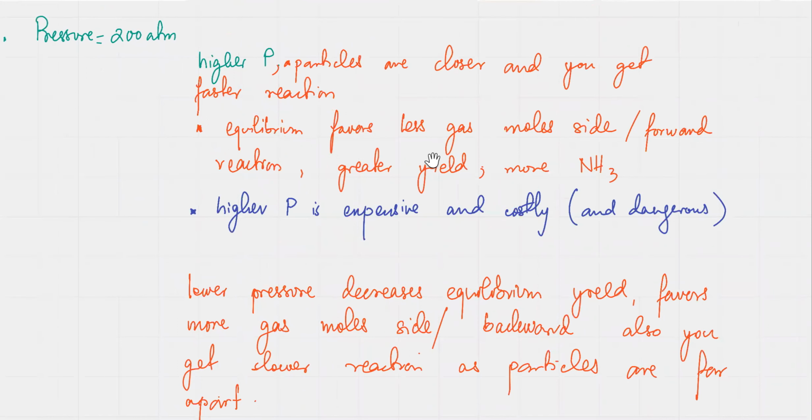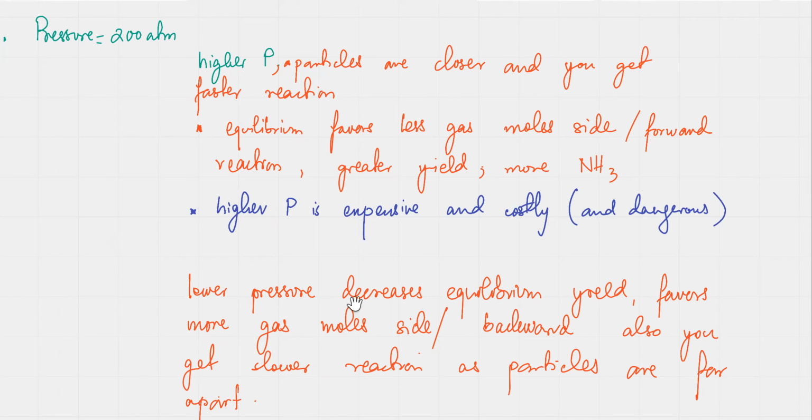The only problem with using a higher pressure is that it's expensive and costly because maintaining a very high pressure is really, really difficult. Vice versa, what's wrong with lower pressure? The yield decreases. The more gas side, the backward reaction, is favored, and you get a much slower reaction.